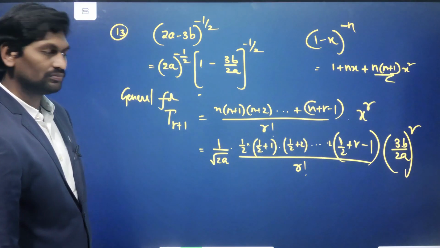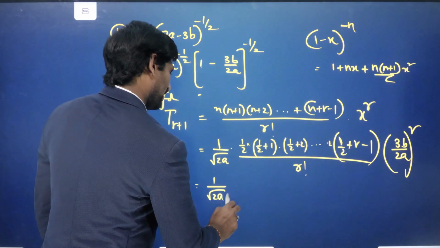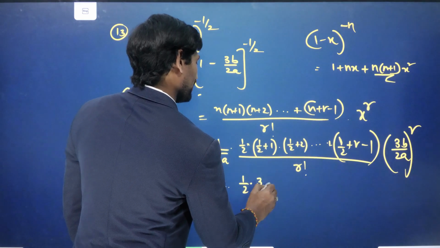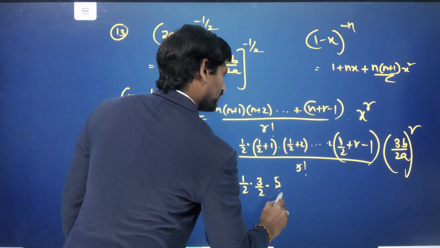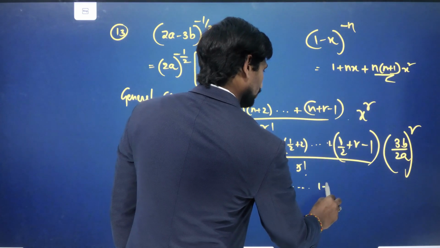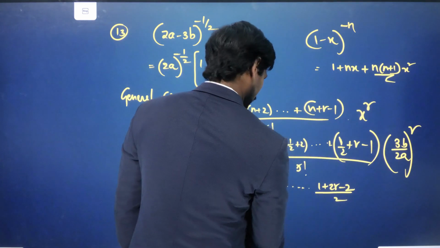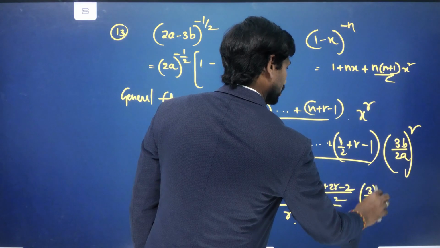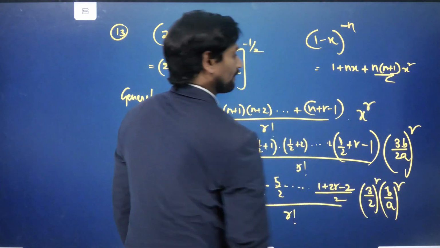That is equal to 1 by root over 2a, and while you are observing here, 1 by 2 into 3 by 2 into 5 by 2 and so on will come. So this one is 1 plus 2r minus 2 by 2, by r factorial into (3 by 2) whole to the power of r into (b by a) whole to the power of r.